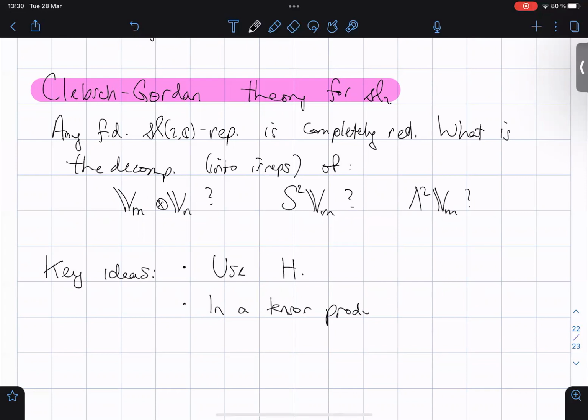Let me just remind you that at the Lie algebra level, if you're acting on a tensor product, how is the action going to be realized? I'll remind you. But here's an important point. Weights on a tensor product will add.